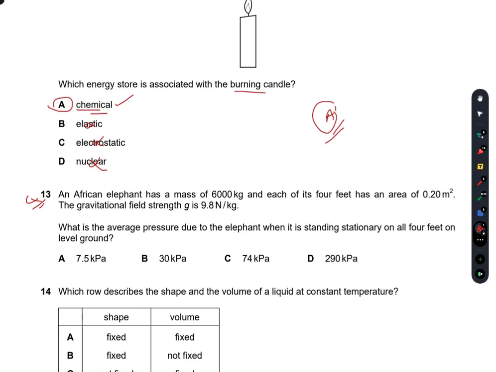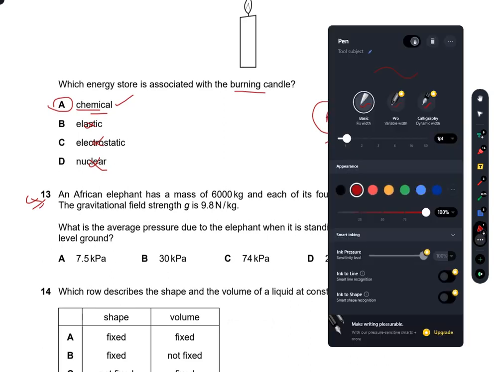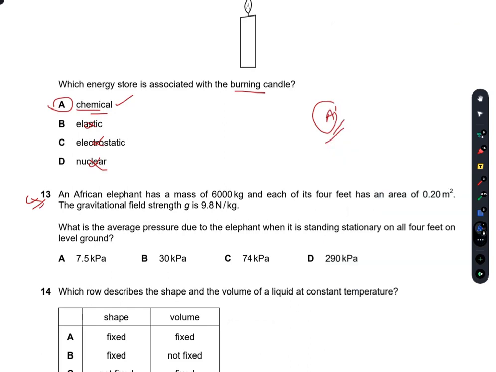An African elephant has a weight of 6,000 newtons and each of its 4 feet has an area of 0.20 meters squared. The g is 9.8 newtons per kilogram. What is the average pressure due to the elephant when it is standing stationary on all 4 feet on level ground? So pressure, I know, is equal to the force acting per unit area.